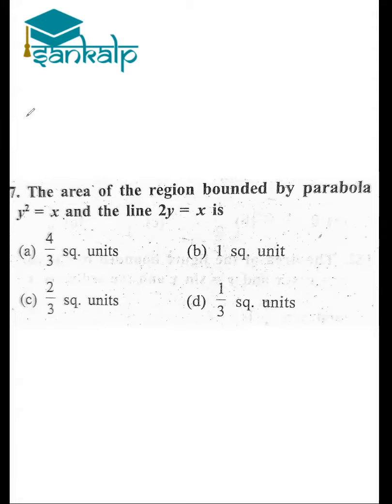Next question, the area of region bounded by the parabola y square is equal to x and the line 2y equal to x is. Okay, so the given parabola, the equation of the given parabola is y square is equal to 2x, and the equation of the line is x is equal to 2y.